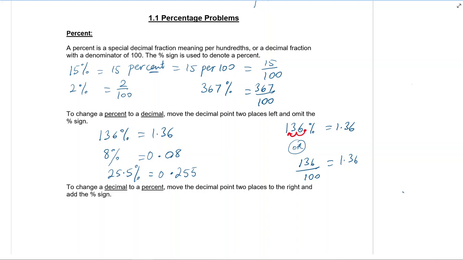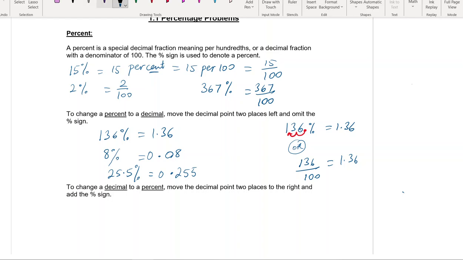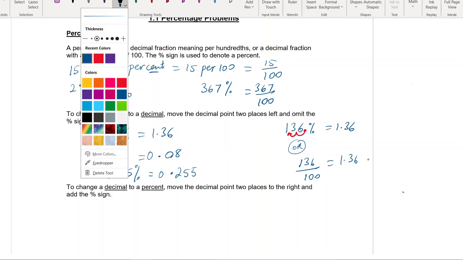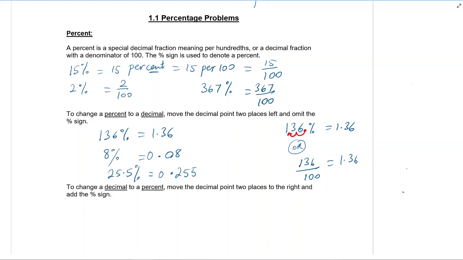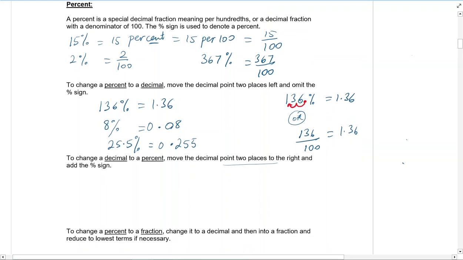Let's do the opposite now. We're going to go from decimal to percent. Earlier you were moving 2 places to the left and you were dividing. Now we're going to do the opposite. The opposite of division is multiplication. So we're going to move the decimal 2 places to the right and add the percentage sign. Earlier we removed the percentage sign.